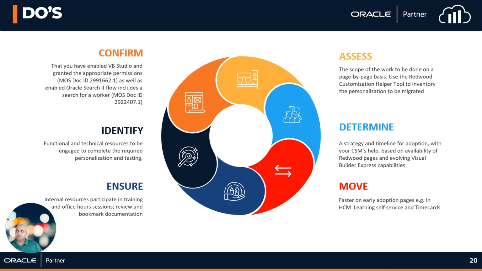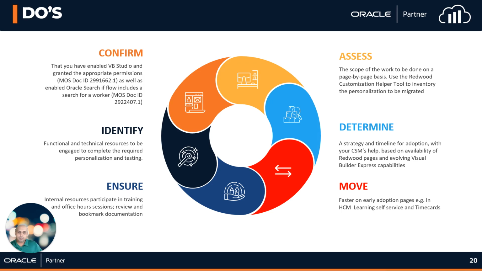Now we will come to some do's and don'ts. So do confirm that you have enabled VB Studio and granted the appropriate permission, as well as enable the Oracle search. Do assess the scope of work to be done on a page-to-page basis. Use the Redwood customization helper tool to inventory the personalization to be migrated. Do identify functional and technical resources to be engaged to complete the required personalization and testing.